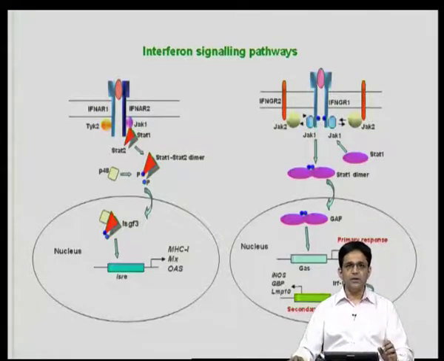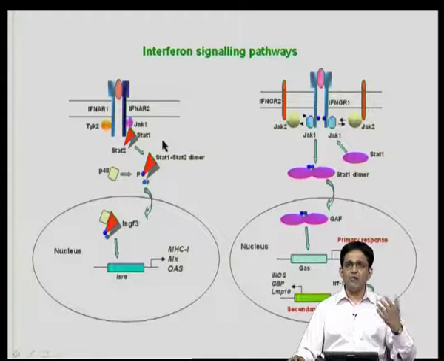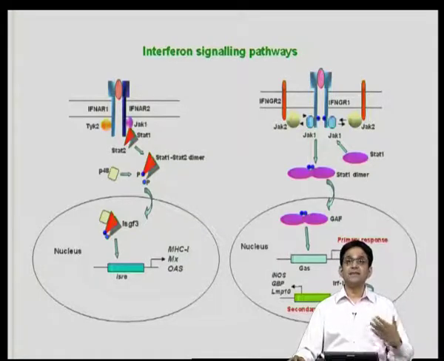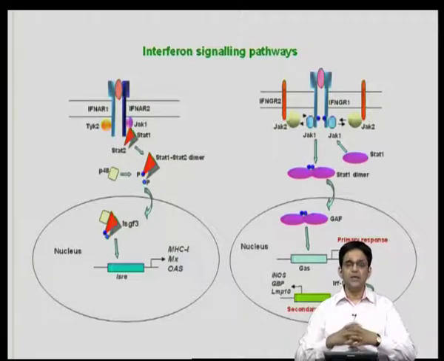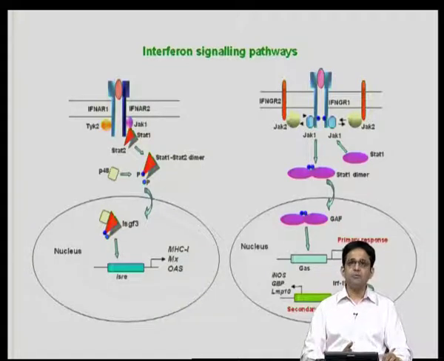Upon binding of interferon with its receptor, you have activation of the Janus kinase, which phosphorylates the STATs. The STATs upon phosphorylation bind with each other or with other molecules, and enter the nucleus where they transcribe several genes. So, the mechanism by which interferons function is primarily through transcriptional regulation, and this works via the JAK-STAT pathway.